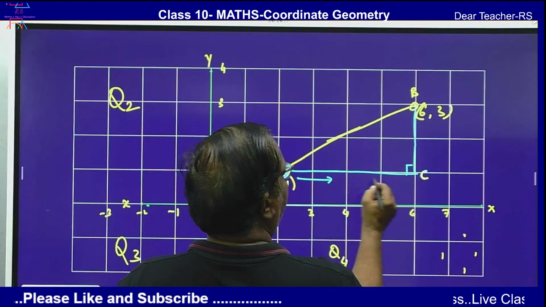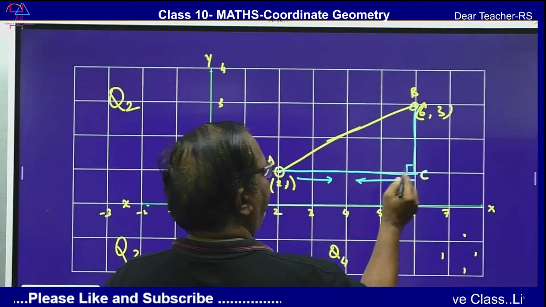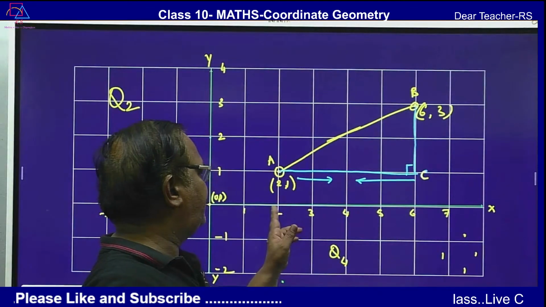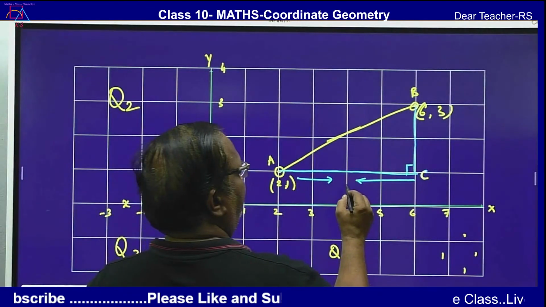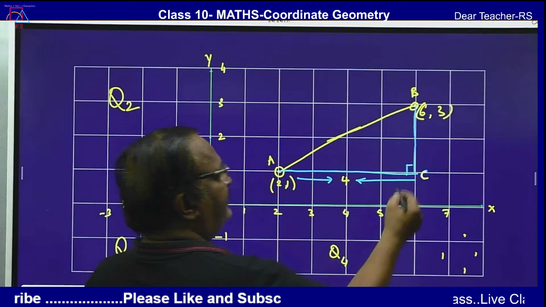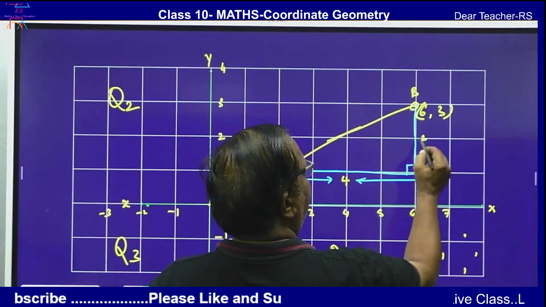From A to C, how much? 2 to 6, 6 minus 2, 4. This is 4 units. And this is how much? BC is 2 units.